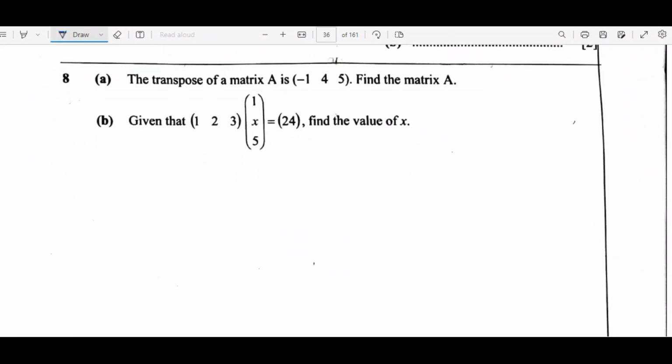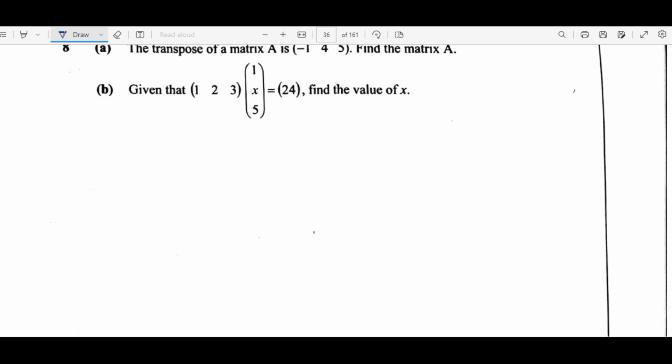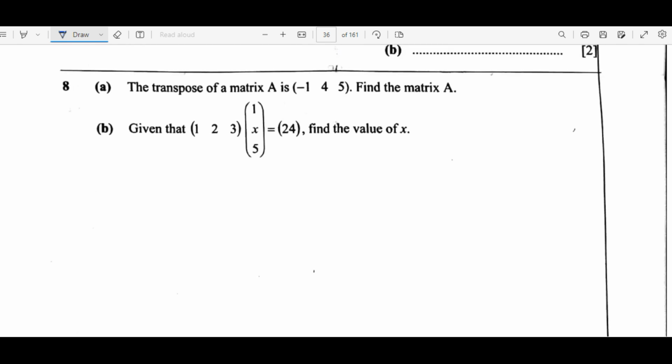So we'll just end on question 8. Question 8a, the transpose of a matrix A is that one. Find the matrix A. So we have been given a matrix that was transposed. Then our work is to find the original matrix.